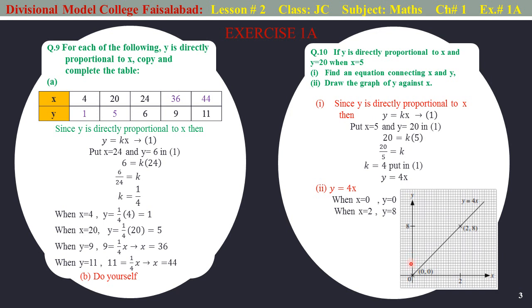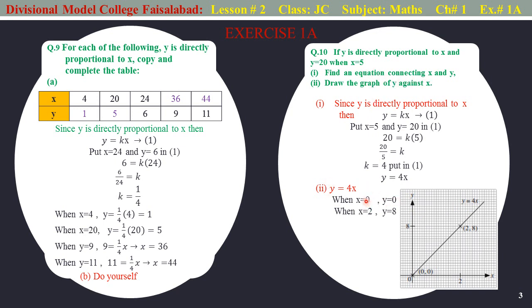On the y-axis, each 5 small squares is equal to 2: 2, 4, 6, 8, and on the x-axis, each 10 small squares is equal to 1. So when x is equal to 0, y is equal to 0. This is the point, origin. And when x is equal to 2, the value of y is 8. It is this point. You will mark a point here, and now you will join these two points to get the graph of y against x.